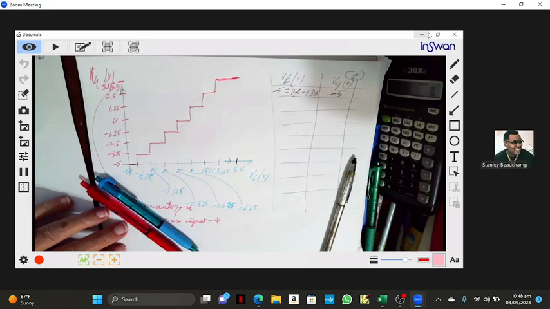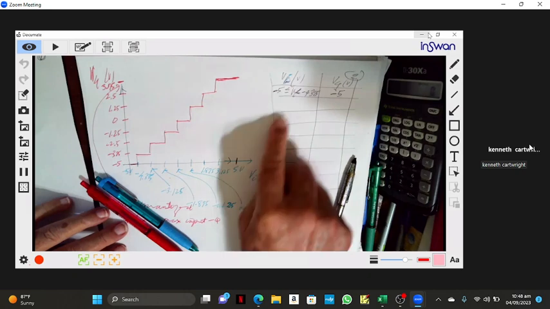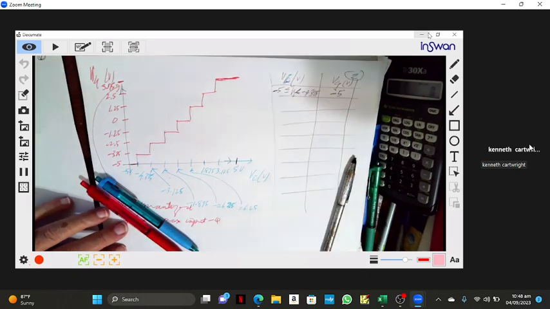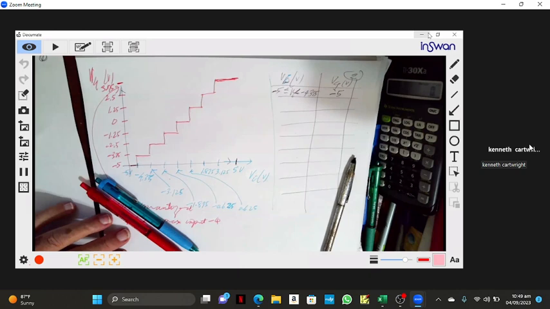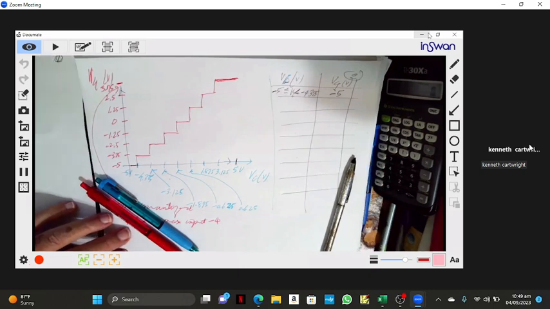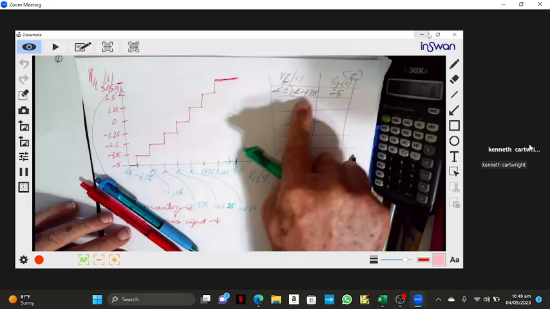So Dr. Carter, that would be less than or equal to, right? The first one's less than or equal to. Both of these can be less than or equal to.